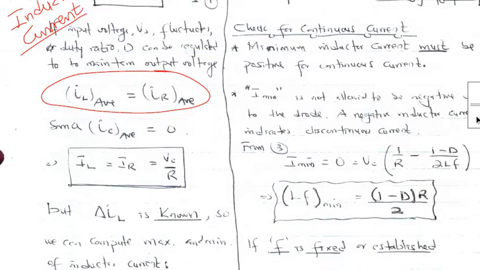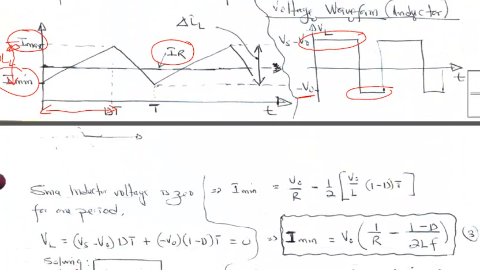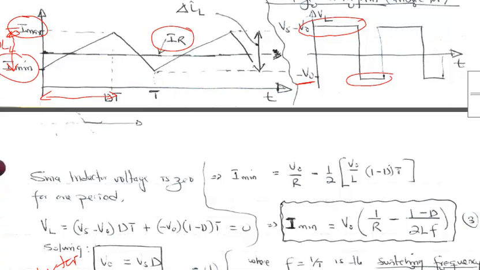So that is how we are getting that. We know that the average inductor current is the same as the average current through the resistor. If you come up here, this is why we have IR over here. So that is the inductor current. We expect the average to be exactly in the middle of the change in the inductor current.